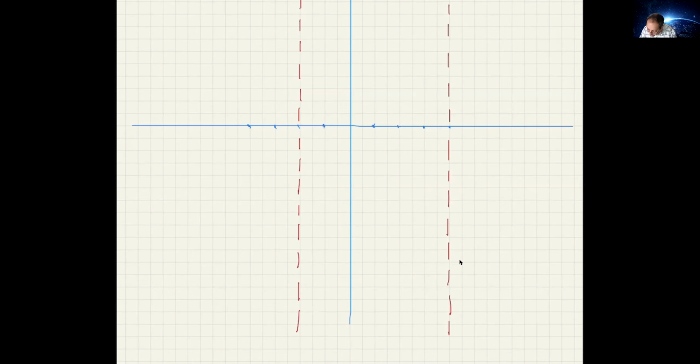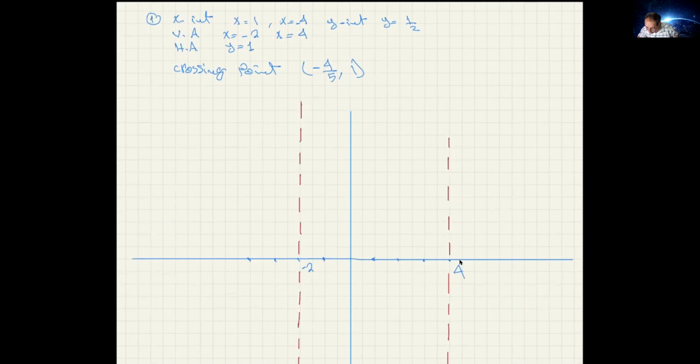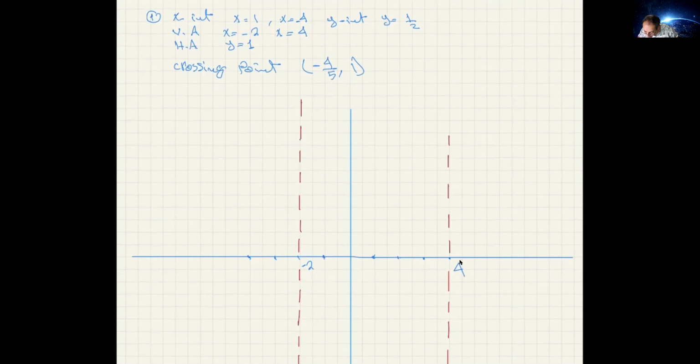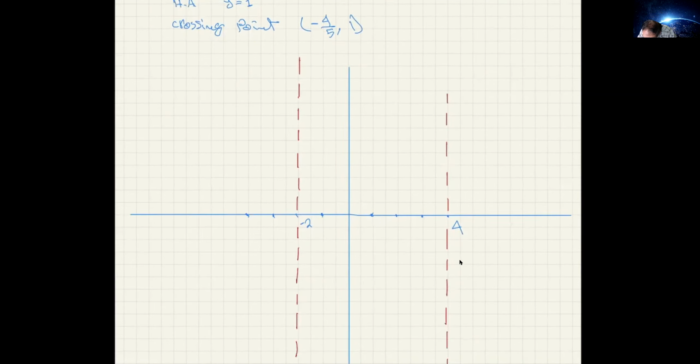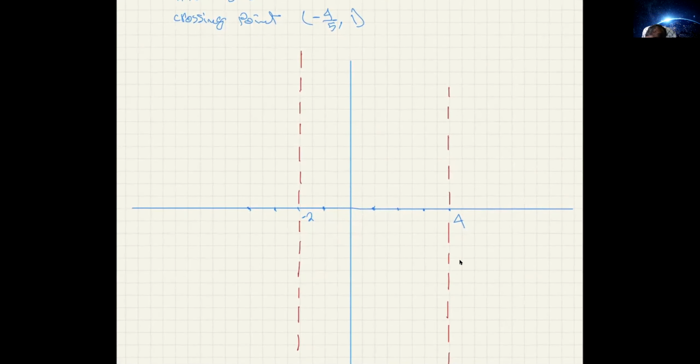Let's write this down here, 4, and here is -2. Okay, and I have X-intercepts 1 and -4. I have -4 here, X-intercept, and 1.